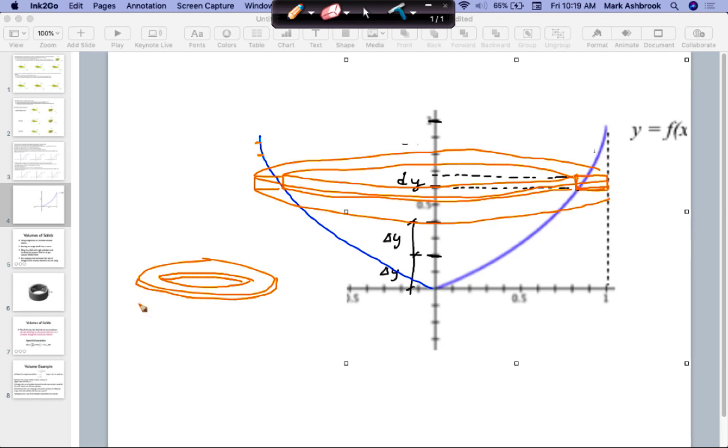So does that make sense? The bottom of it is at 0.6. The inner radius stays at the starting inner radius, and the outer radius stays at 1. And so what's changing in this as y increases through delta y intervals? The height changes. Does the radius change? No. So these are our cylinders.